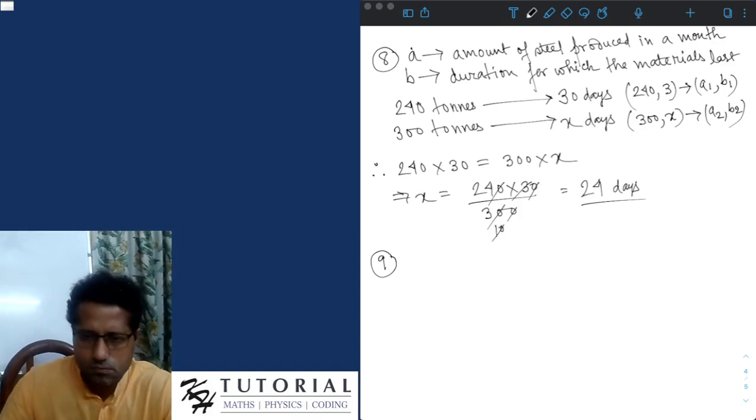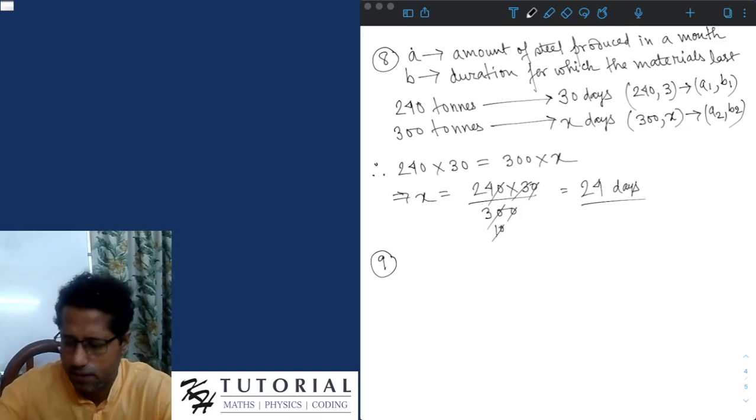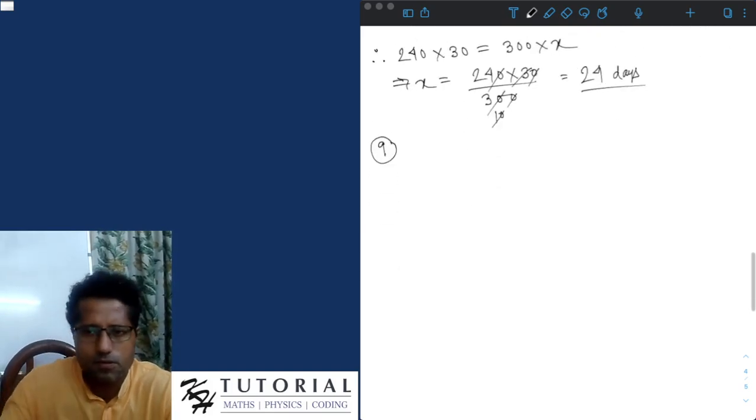Let's identify the quantity A and B in this problem.